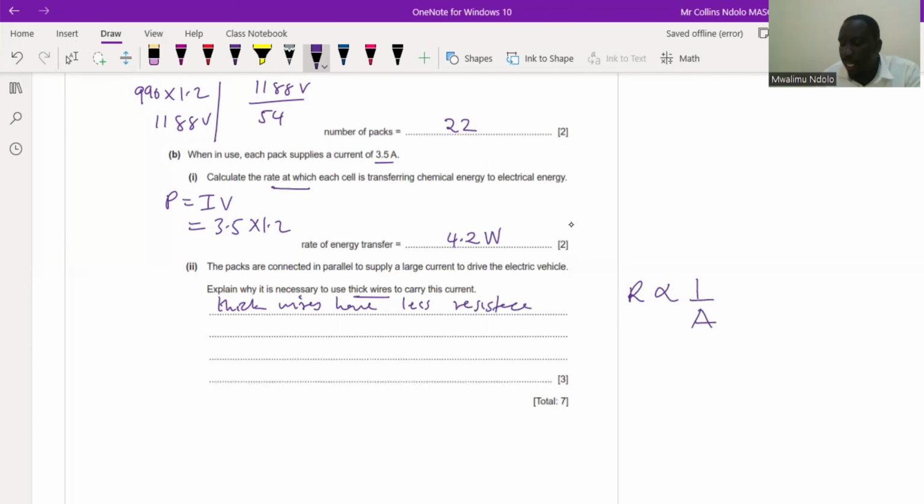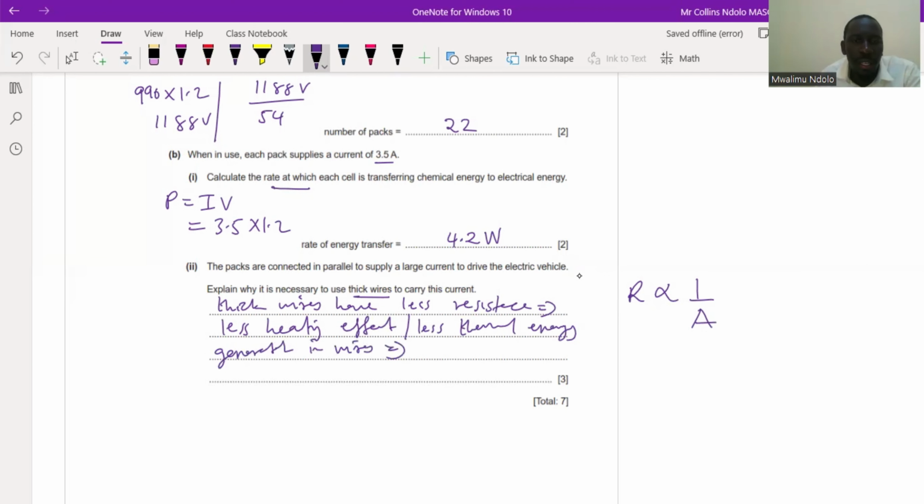And when there's less resistance, there will be less heating effect on the wire, or in other words, less thermal energy generated in the wires. So what is the advantage of this?